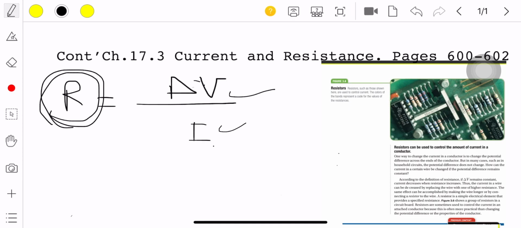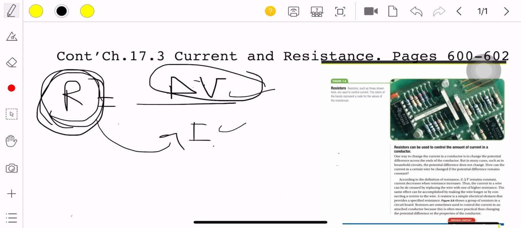So what will be changed here? R. Excellent. So you can have a certain device, a circuit board with different types of resistor, because in the formula we said we will have two variables change to each other. Here the delta V will be constant, and the change in R will be due to the change in I. Between R and I, do we have a direct or an inverse relationship?